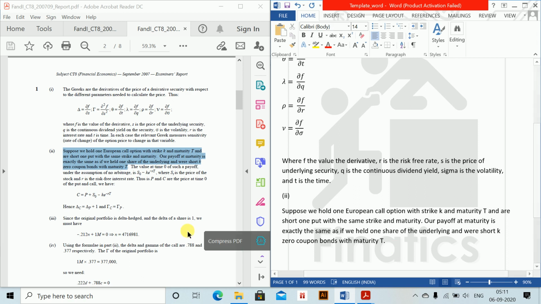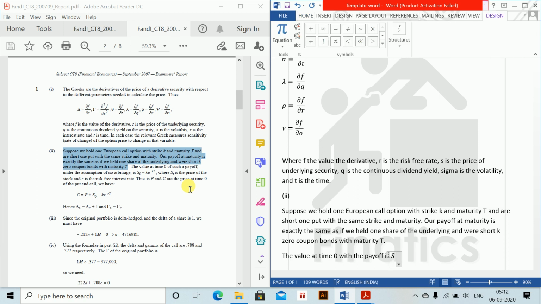The value at time 0 with such a payoff is S0 minus K e to the power minus RT.